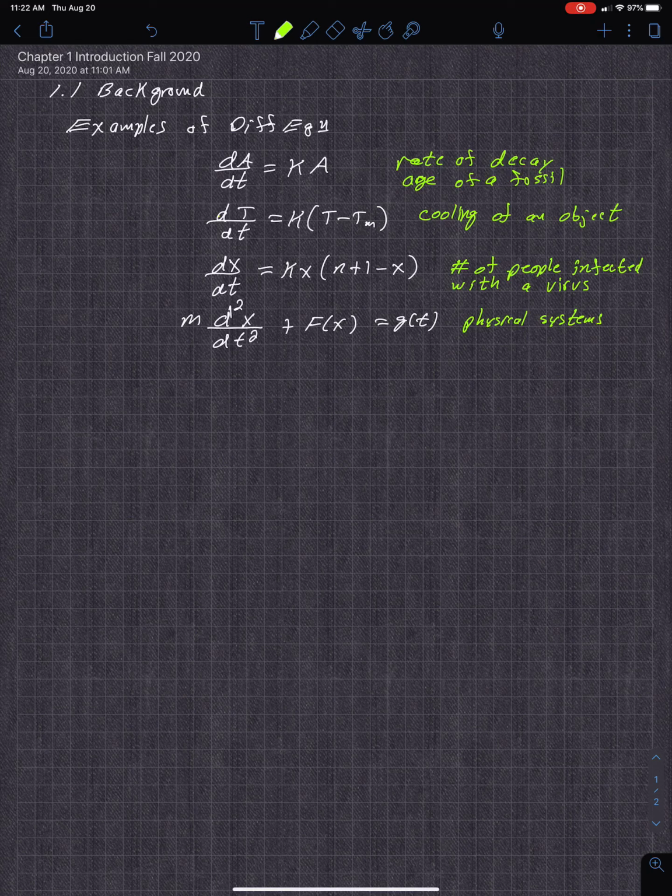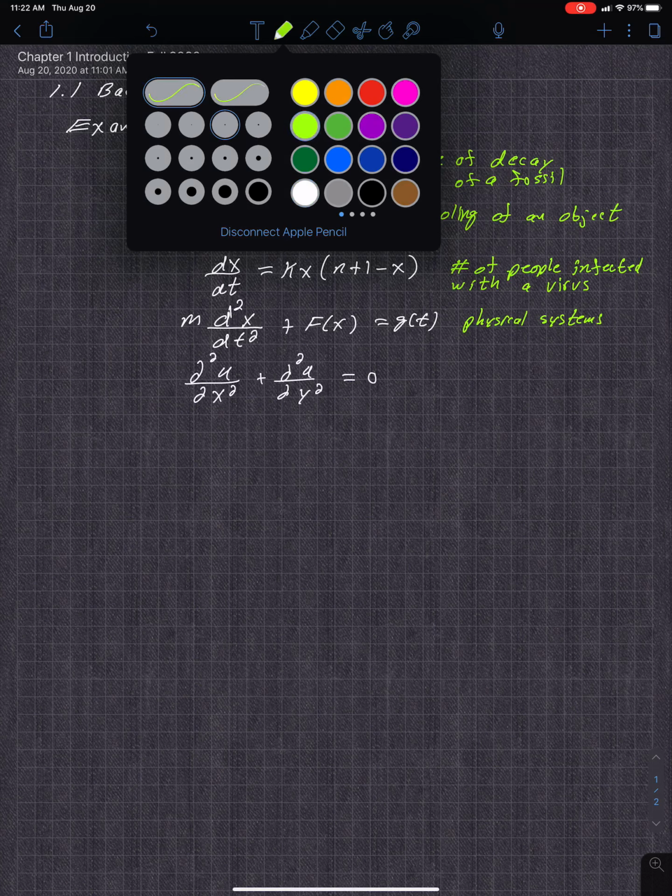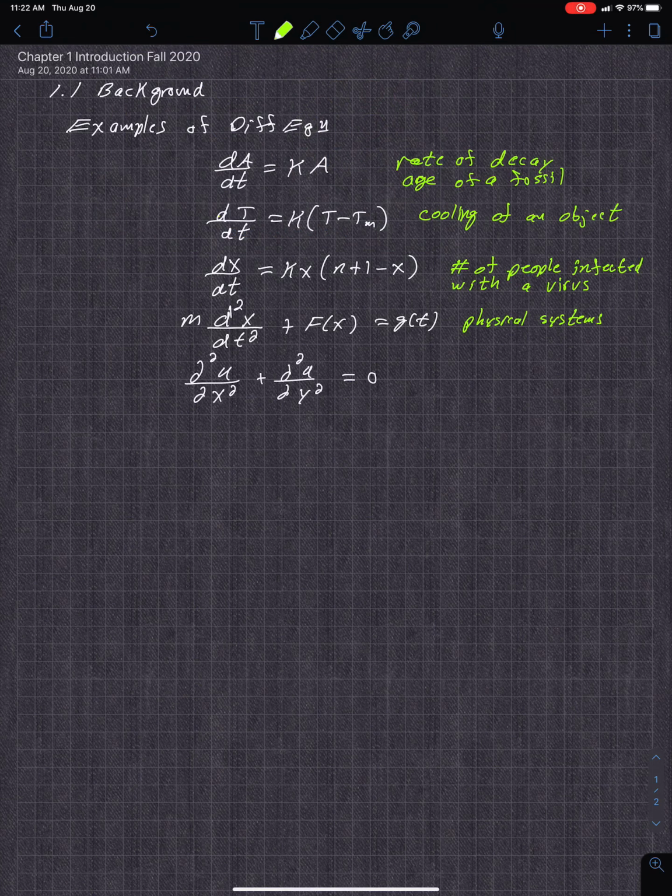And this is one I often choose in Calc 3. This is Laplace's equation. Partial squared u over partial x squared plus partial squared u over partial y squared equal to 0. So that's what we refer to generically as Laplace's equations.